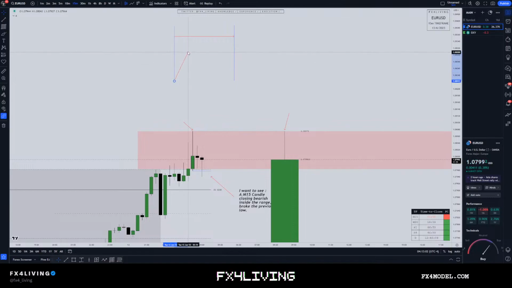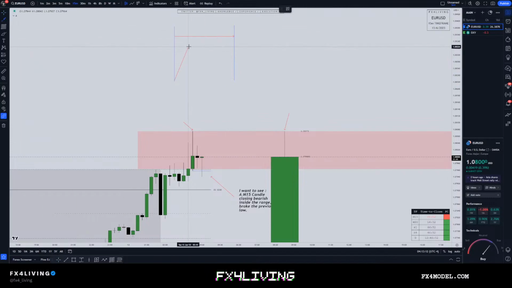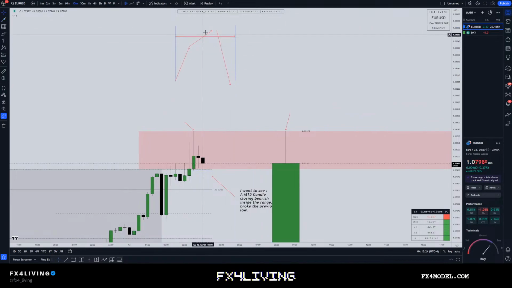The first 5 minutes is gonna go up. The second candle, what can happen on the second candle? It can go up, but just a little bit less. And the last 5 minutes is gonna go crazy down and just override the first 5 minutes. So that's important to understand.